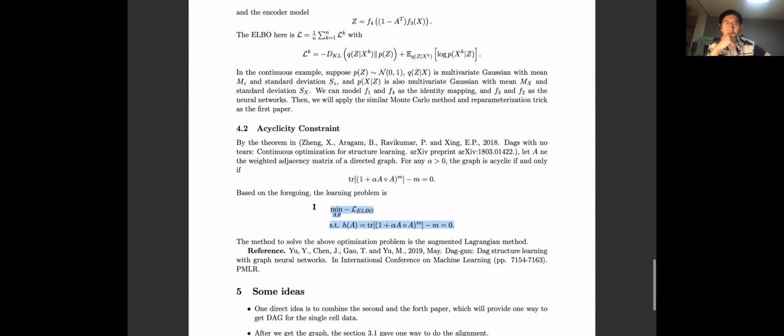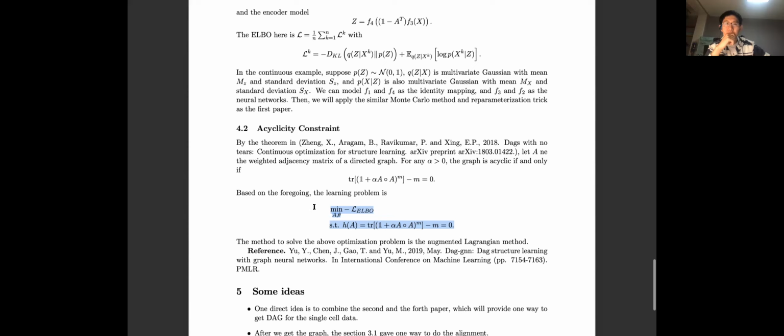Yeah, I think this is a good question, but I don't remember this paper talking about this. Maybe they will talk about it in the simulation, but for the model part, they didn't talk about it.